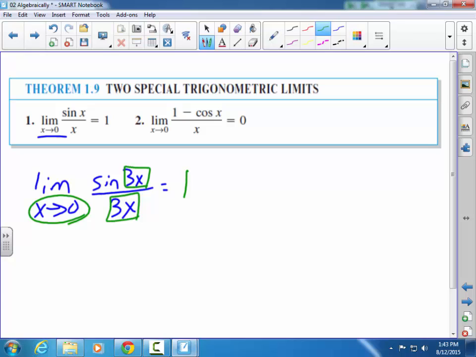What if x is approaching pi over 2? Does this hold true? No, why not? Not approaching 0. What happens when I put pi over 2 in here? What's the sine of pi over 2? It's 1.